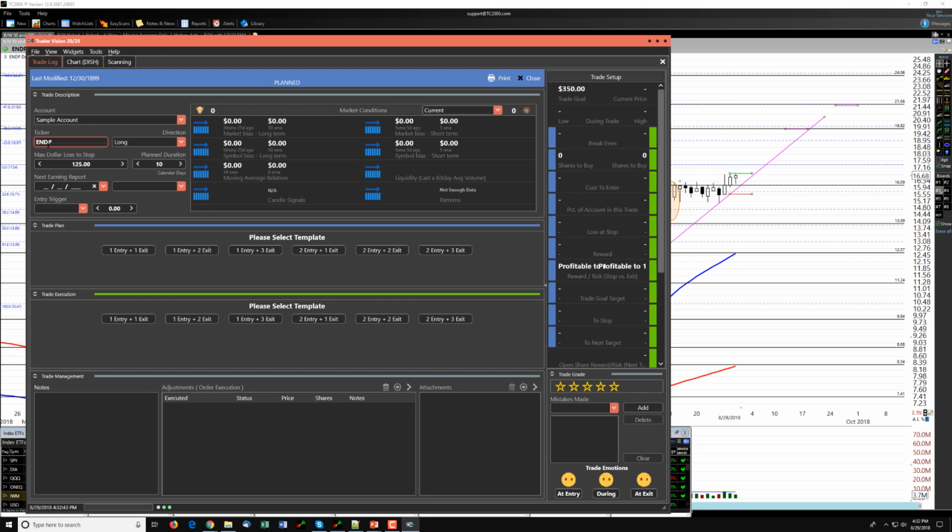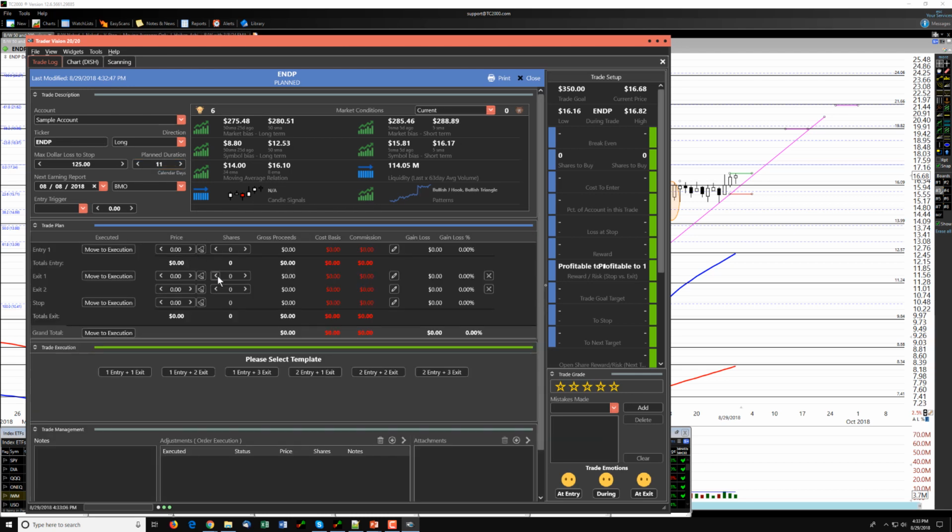And if we type in NP, it says we've got 6 bullish conditions, no bearish conditions. We've got earnings out of the way, so we won't have earnings here until early November. We've got a nice pattern, we've got tons of liquidity, and let's see if we can't plan this as a single entry, 2 exit or 2 target trade.